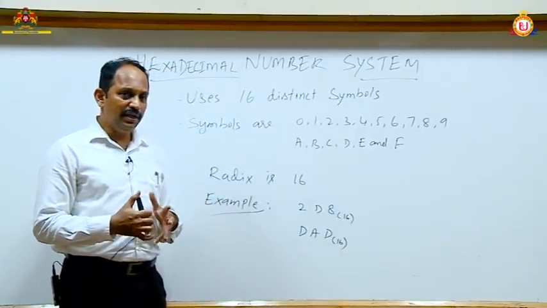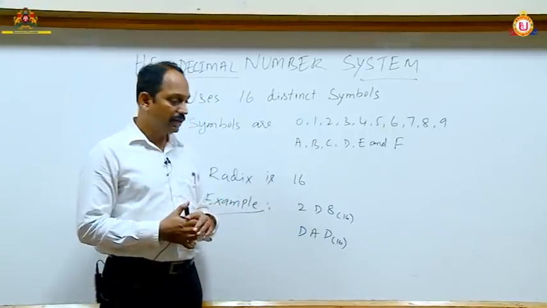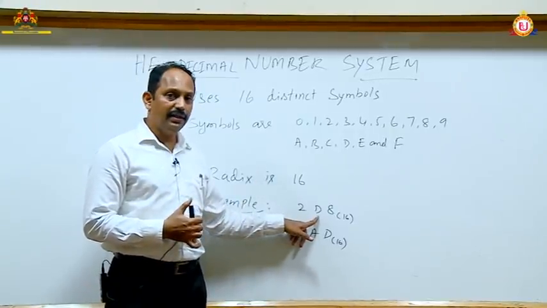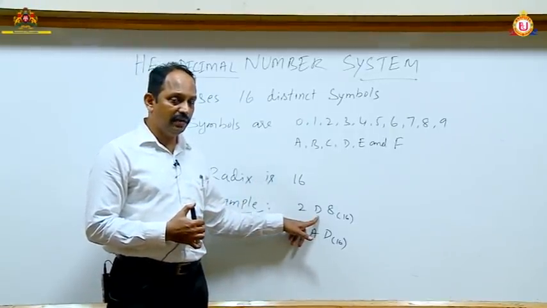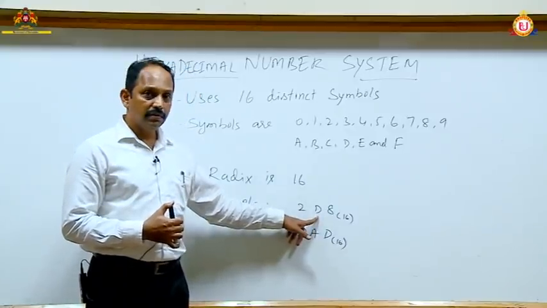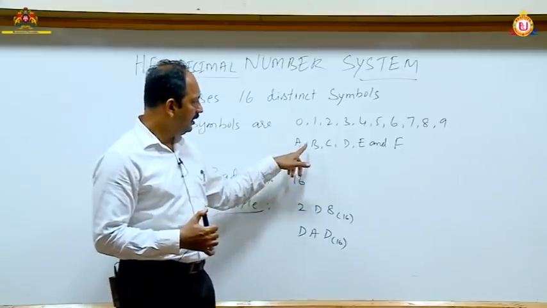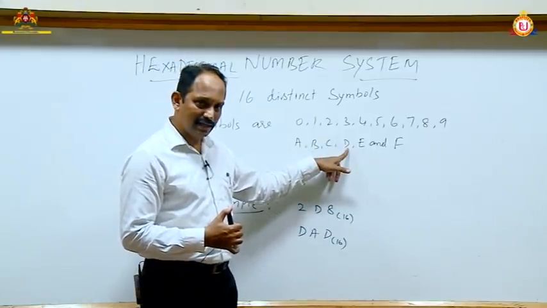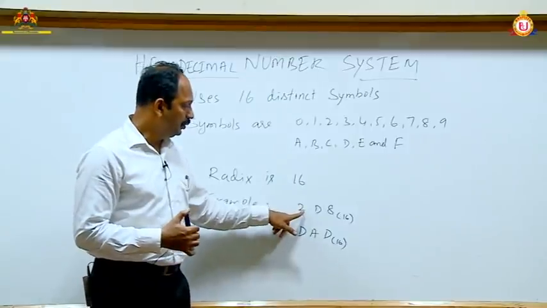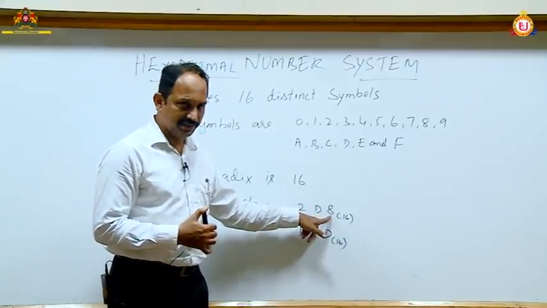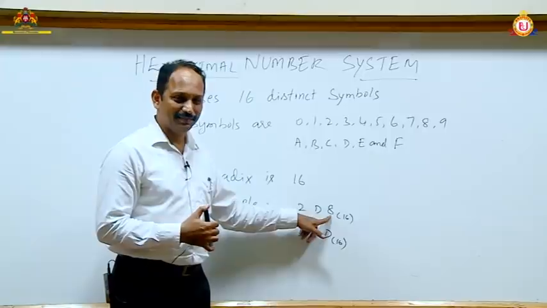What is this 2D8? What is the D here? Now you have to identify the decimal equivalent of D. If you identify it, this is 10, 11, 12 and this is 13. So this is 2, 13 and 8 in hexadecimal.